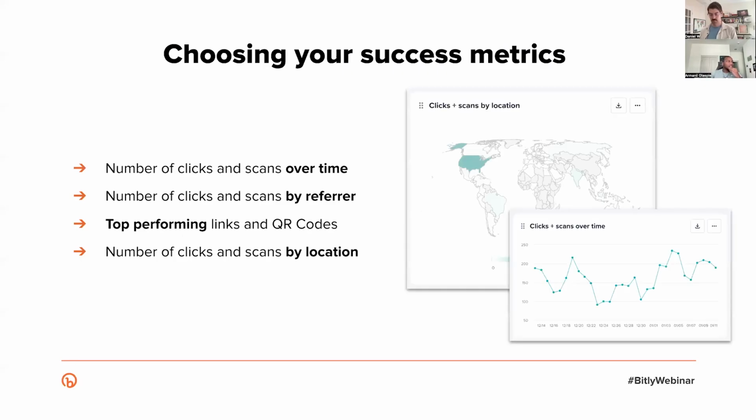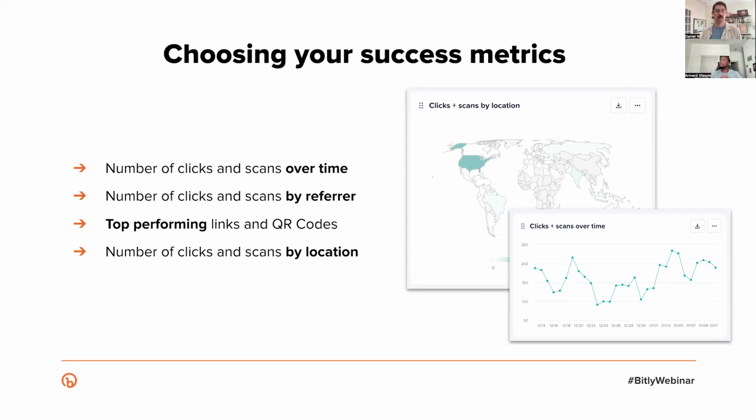That first one is the number of clicks and scans over time. This helps track performance over different time periods. It helps you identify trends, peak activity times, and any variations in user engagement. I think that goes back to what we were talking about earlier with understanding your benchmarks and your baseline. You want to be able to understand what is happening when it is happening, and clicks and scans over time is a great metric for that.